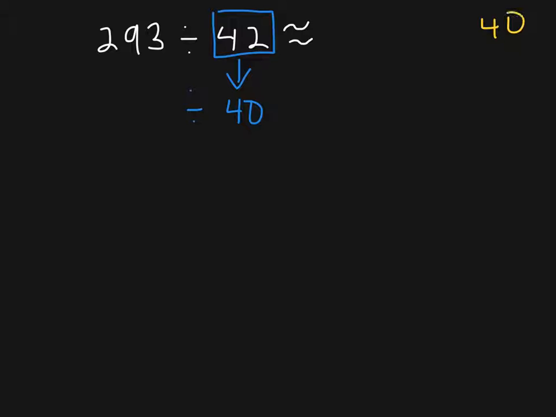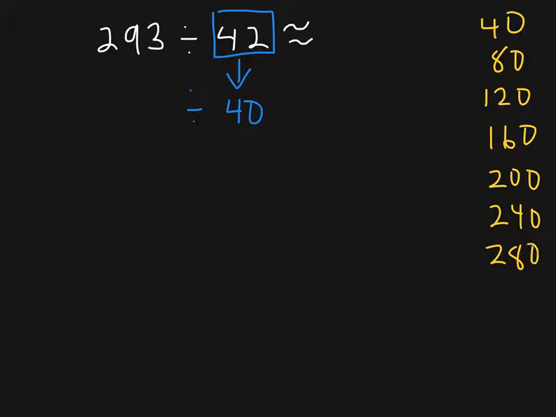So 40, 80, 120, 160, 200, 240, 280, 320. Now I just counted by 40s, and you'll notice if I take the zeros in the ones place off, then I'm skip counting by 4s, right? So these are all my basic facts of 4s.